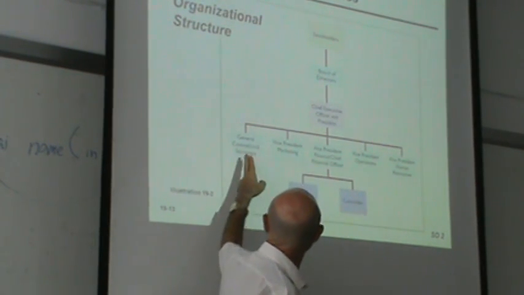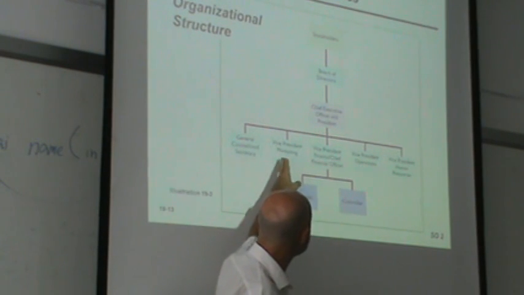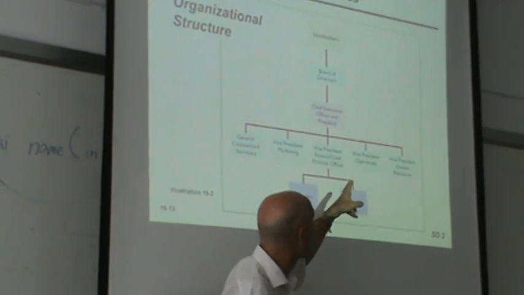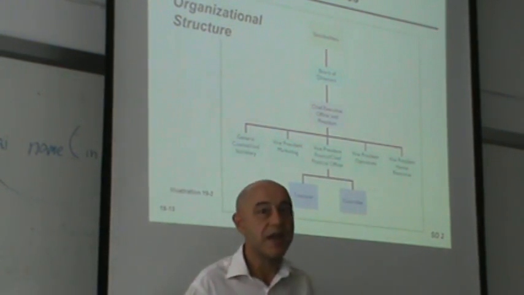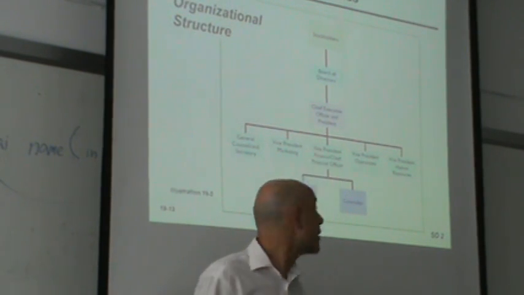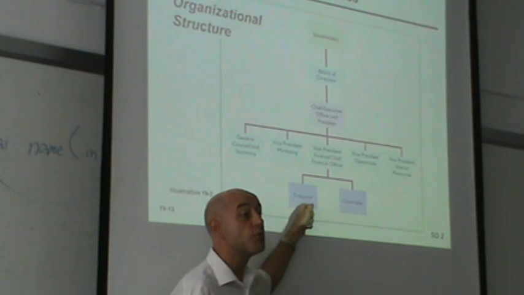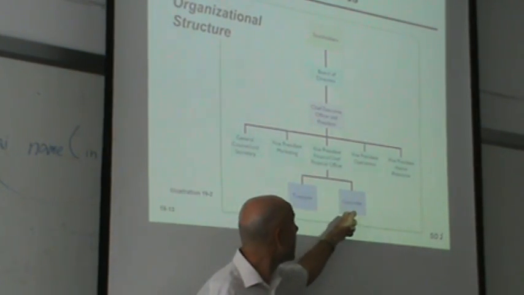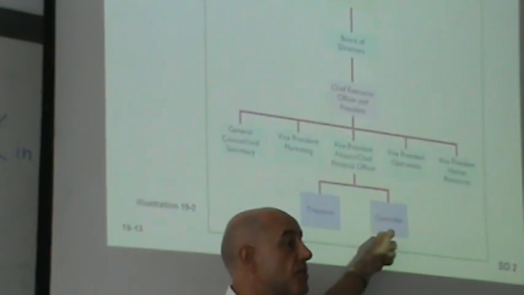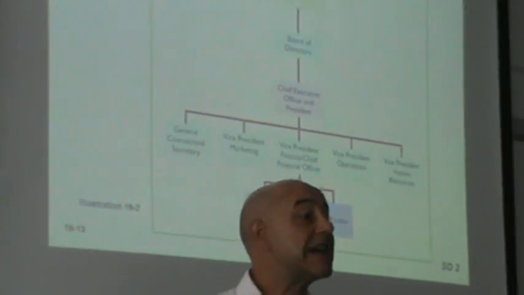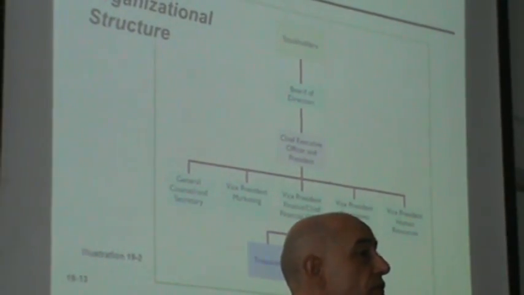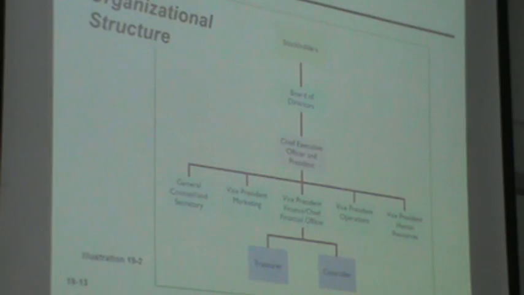These are by functions. This is law, this is marketing, this is finance, operation, human resources. And then within finance, you're going to have a treasurer, the person who manages the cash and the money. And controller is the person who manages accounting, the chief accountant in the company.